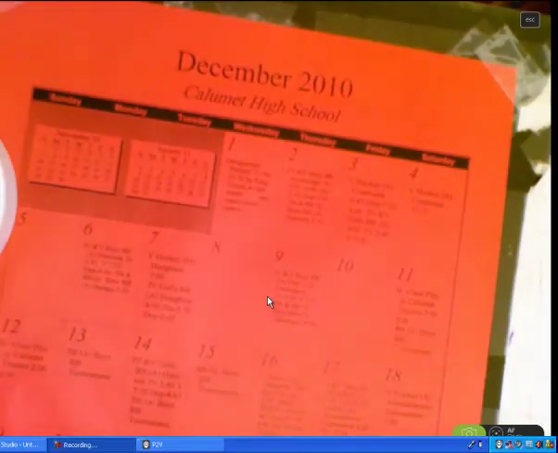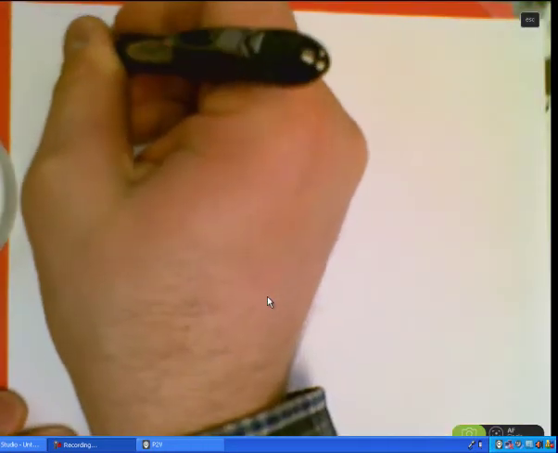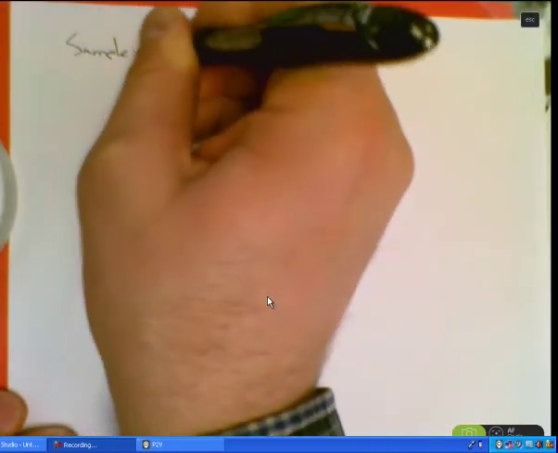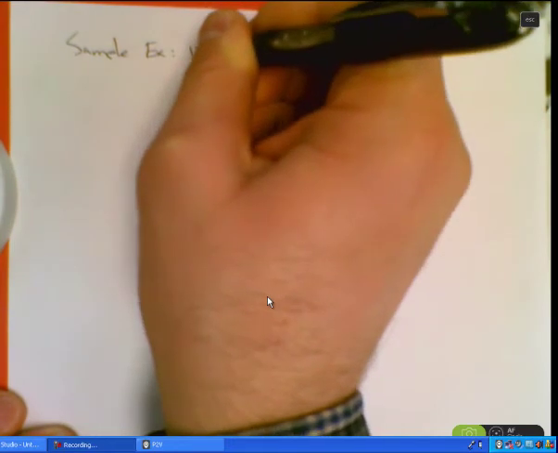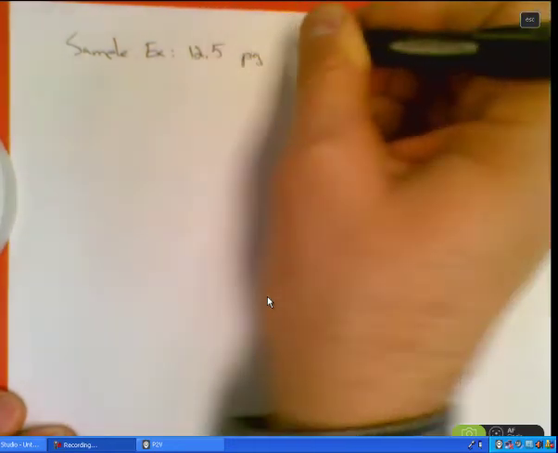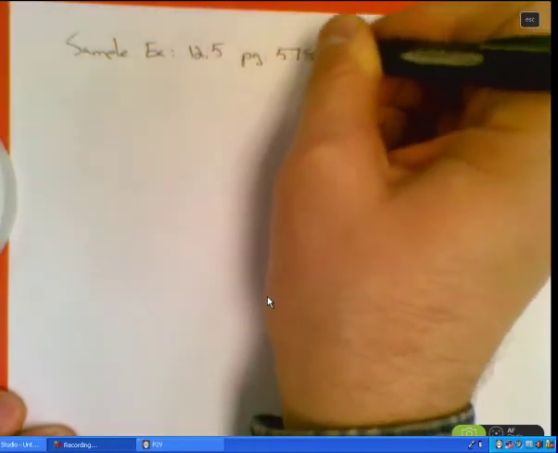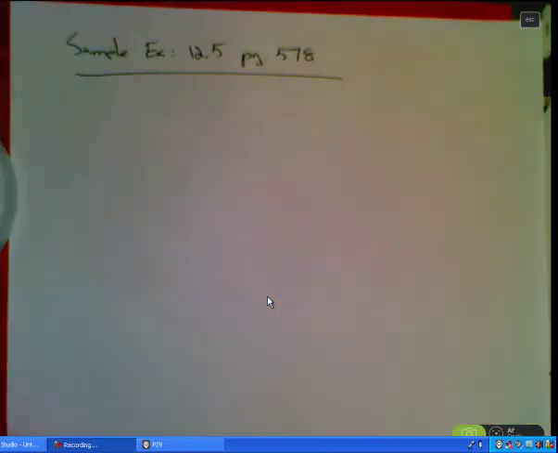Let me see if I want to move on here. Yeah, let's do one more example, looking at time. So clean this up. We're going to look at sample exercise 12.5 on page 578. So I'm going to turn to 578.